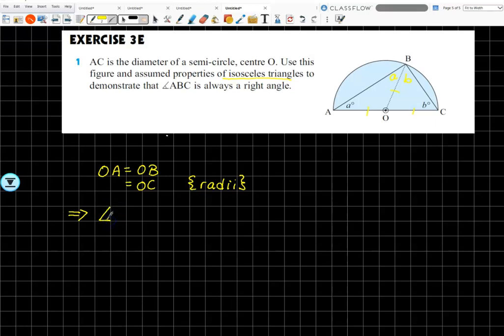Angle OBA equals angle BAO, which is A. Why? Good. Isosceles triangle.